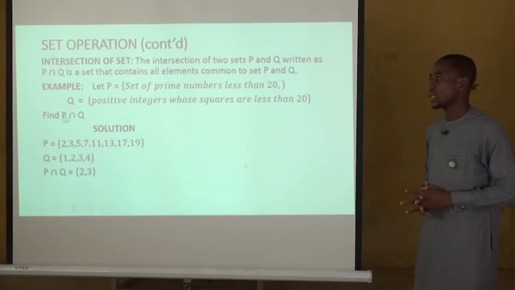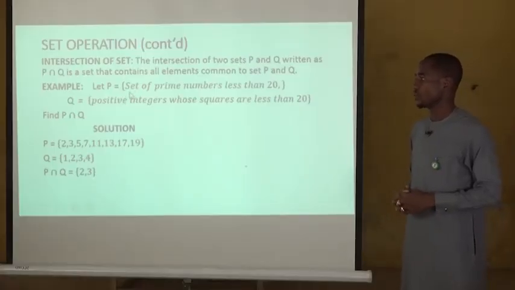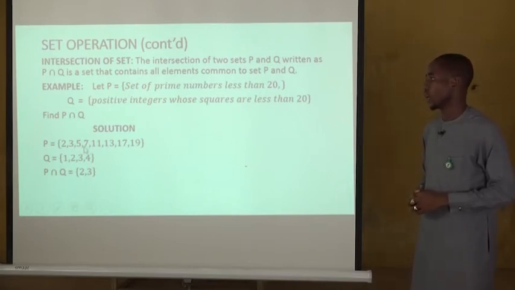Find P intersection Q. As I said when explaining union of sets, learners must be able to interpret these sets. For set P, we have the set of prime numbers less than 20, and set P will have elements 2, 3, 5, 7, 11, 13, 17, and 19.